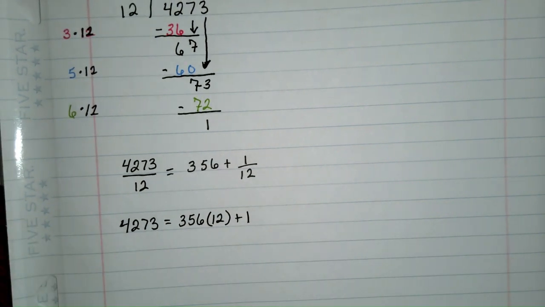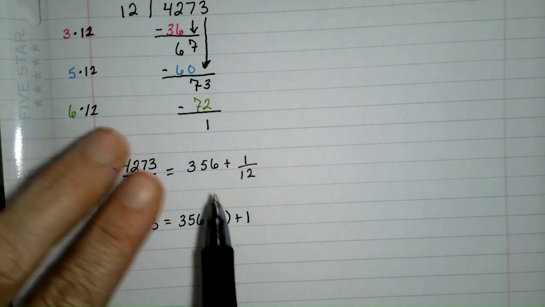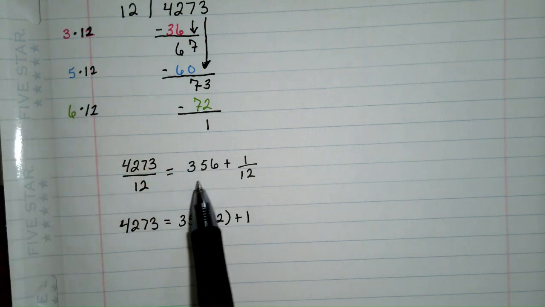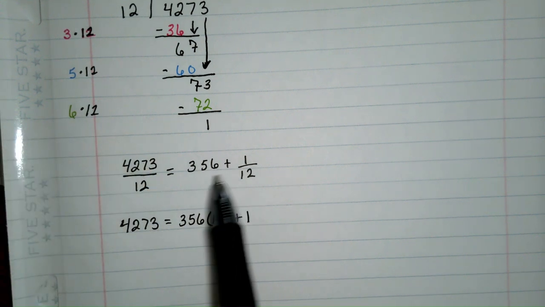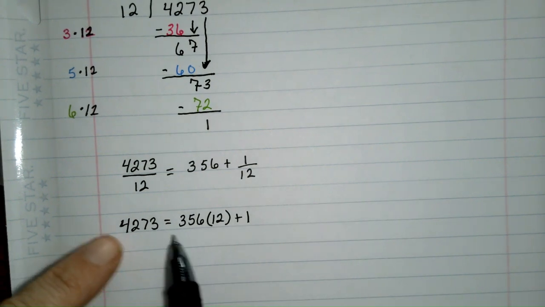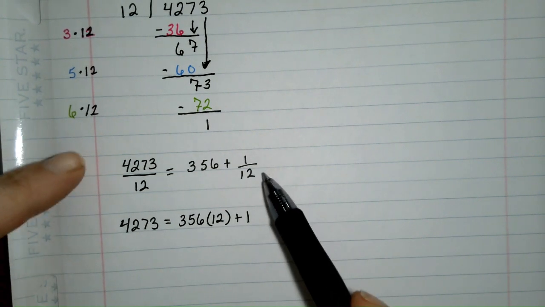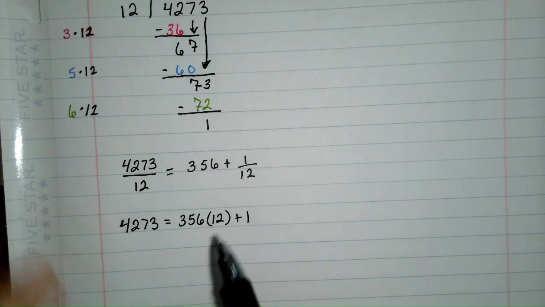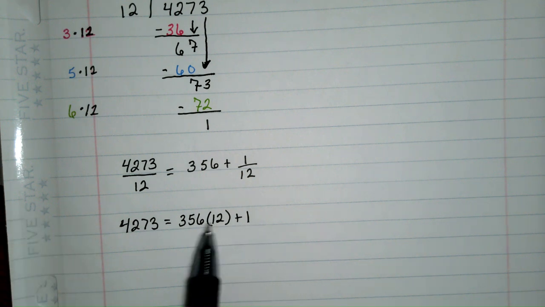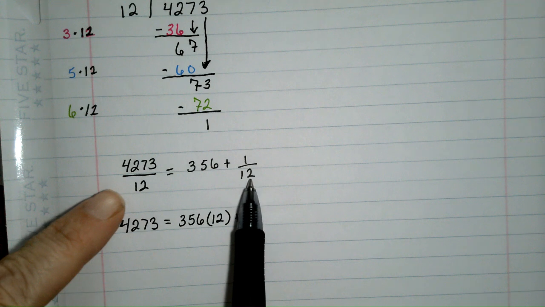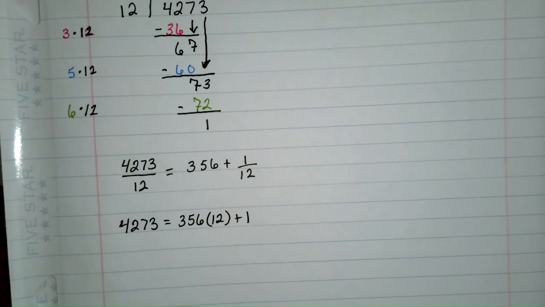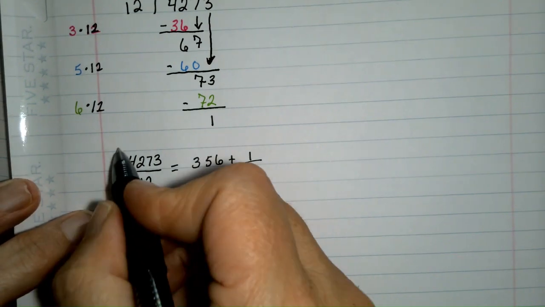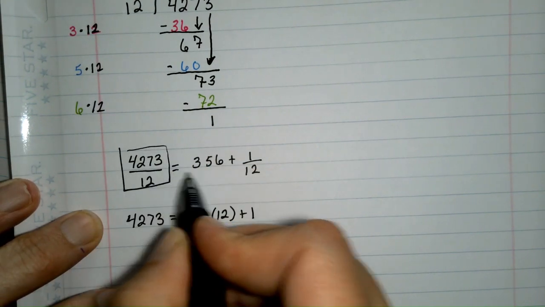Depending on how the directions want you to write it, most of the time in Algebra 2, we're going to write 356 plus 1/12 or 356 remainder 1. But I wanted to make sure that we understand that these are both true statements. One is written where the 12 is a multiplier to the 356. The other is written where 12 is the divisor. So both statements are correct. This one's written where the problem equals the answer.